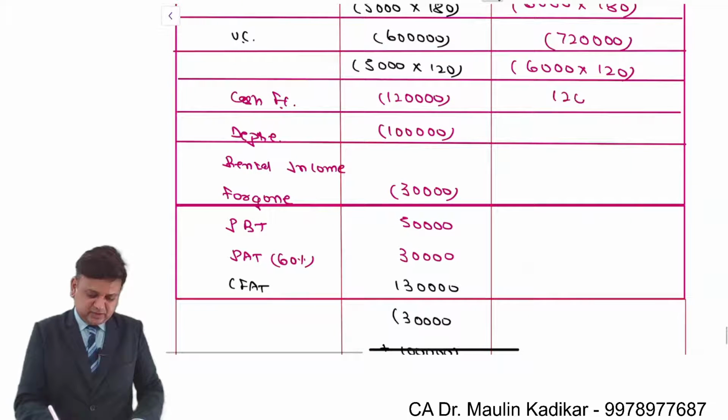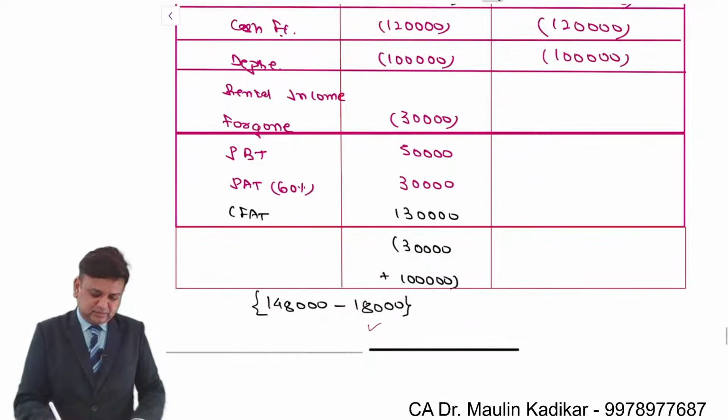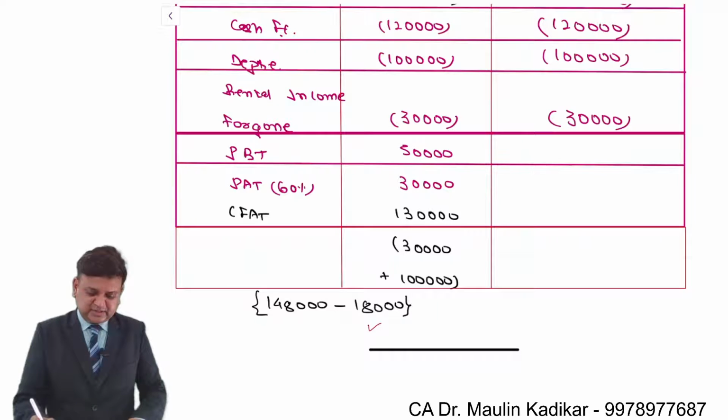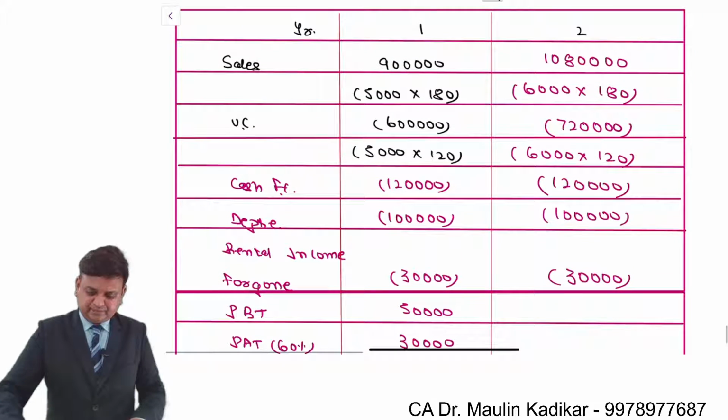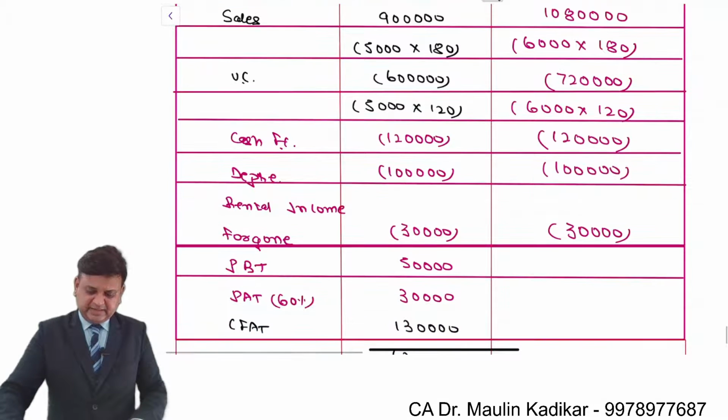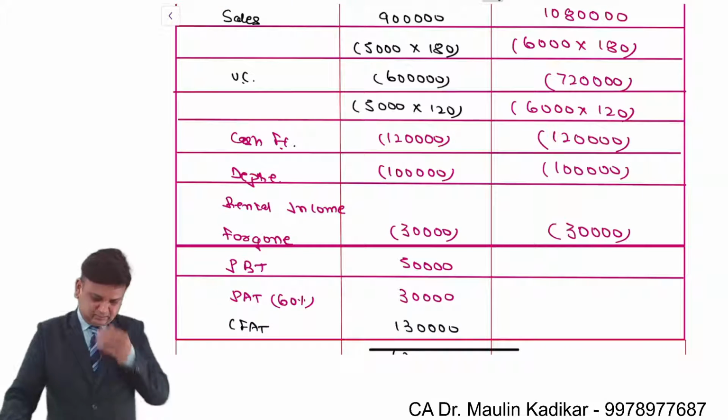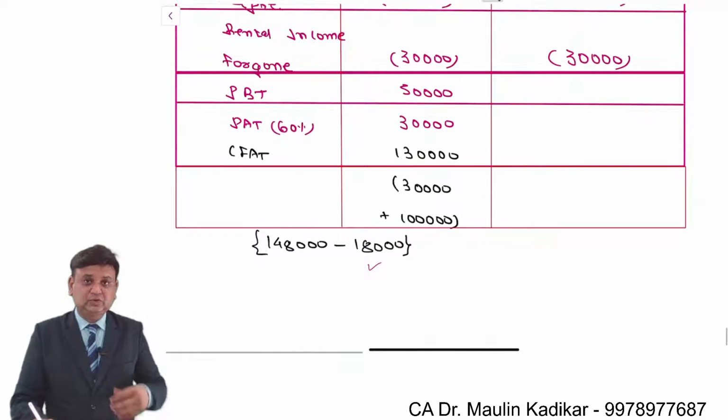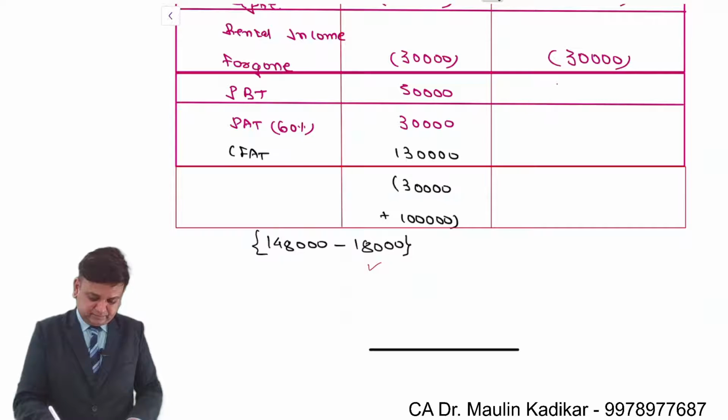Cash fixed cost 1,20,000. Depreciation 1 lakh. Again the rental income forgone, opportunity cost, is 30,000. So profit before taxes is 10,80,000 minus 720 minus 120 minus 1 lakh minus 30,000, so 1,10,000.